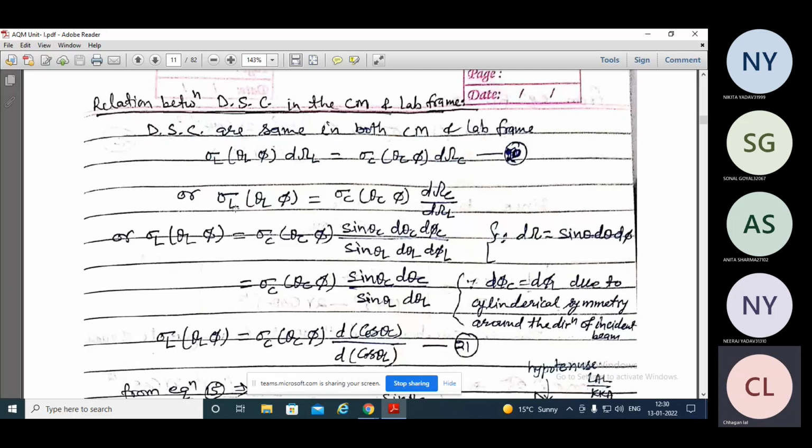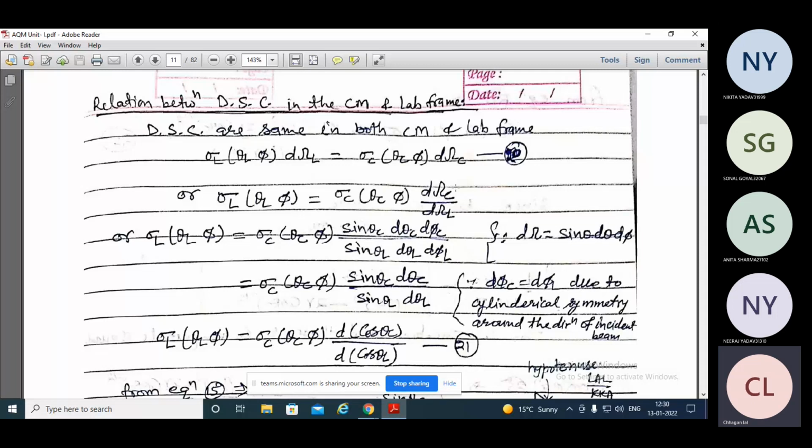Now, sigma L, theta L phi, that means जो d omega L है इसको हमने rearrange कर लिया in the right hand side and we can put all the values of d omega in laboratory frame and C frame. Only there should be some changes. Those changes are like that sin theta c, d theta c, d phi c, or sin theta l, d theta l, d phi l.